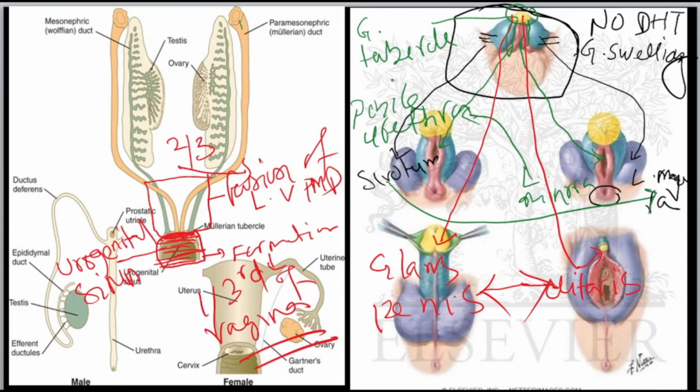Okay, this is all about the development of male and female external and internal genitalia. If we know about the formation of male genitalia, it will be easy for us to know about the female reproductive organ development. That's why I described both of these part by part for your better understanding.